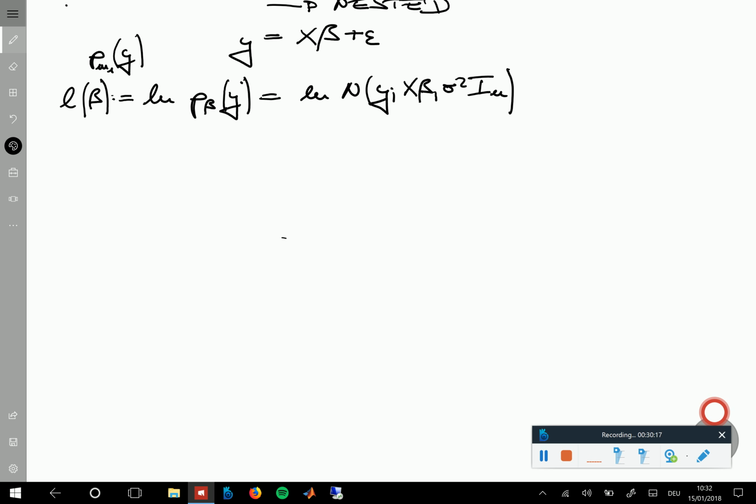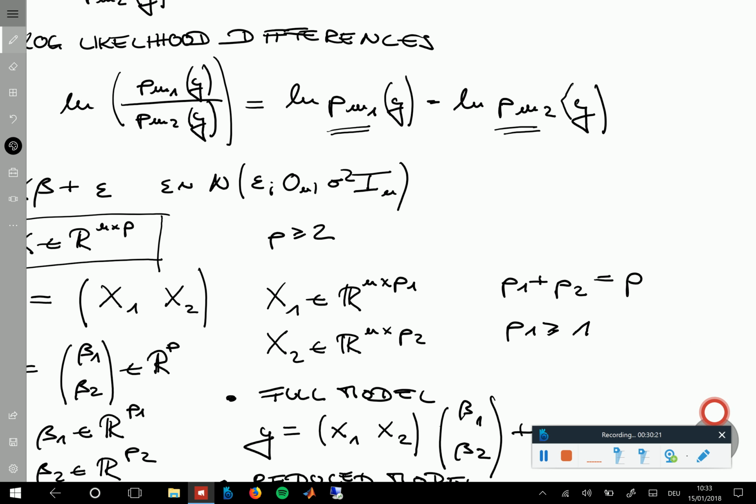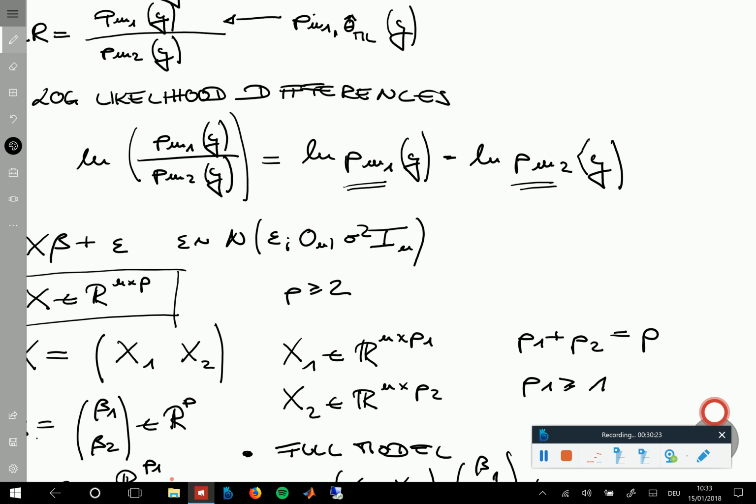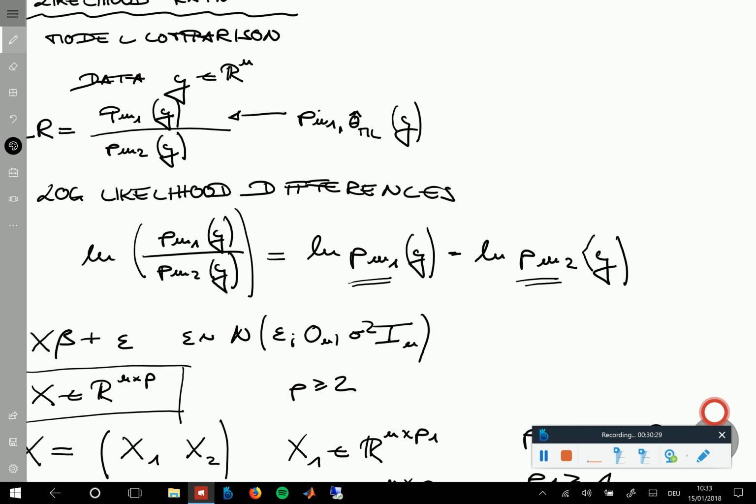So what this corresponds to is the log of p of y given x, beta, sigma square I. We looked at these probabilities previously. This is a very general formulation, which is on the border of being wrong. What we also looked at is, of course, maximizing this.